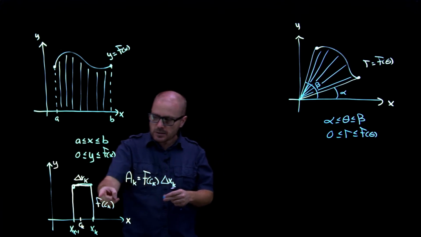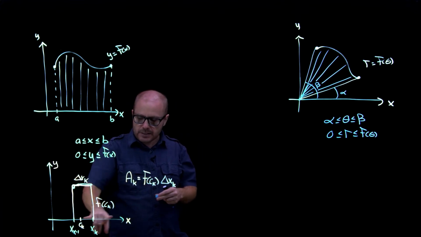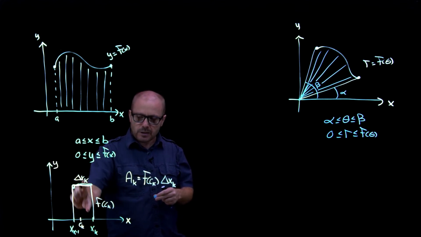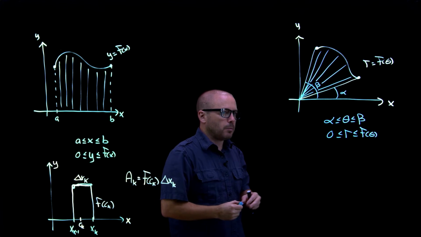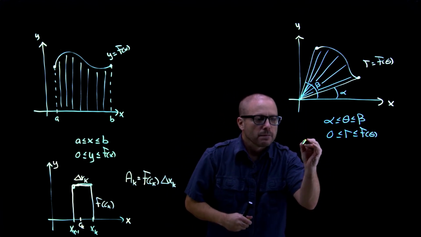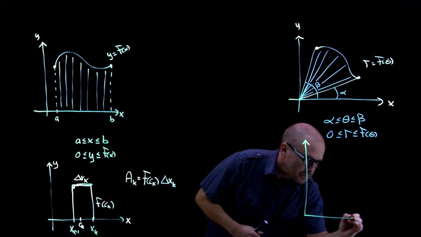So let's go to this and see what is the analog when you let the independent variable vary just a little bit, but keep the dependent variable fixed. So let's just draw one piece of that Riemann sum.